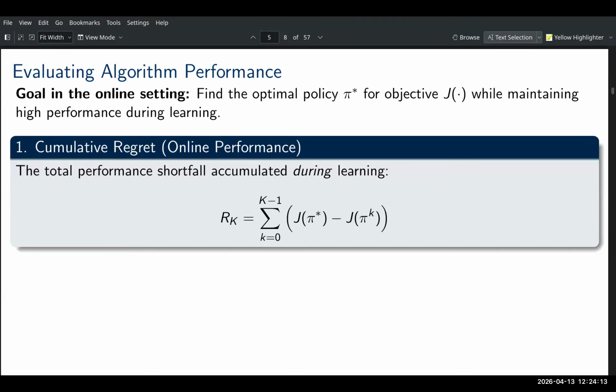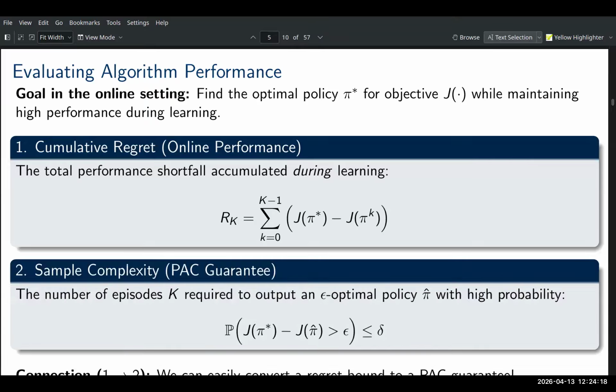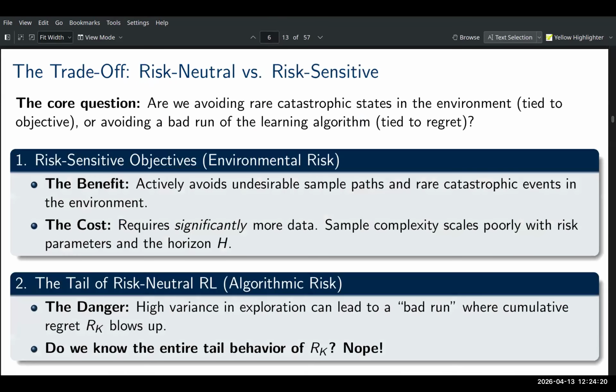What about the runs that have a small probability of giving you bad regret? So we have algorithmic risk, which is the risk that your algorithm has rare bad performances, and environmental risk, which is that when there's lots of variability in my environment, I want to avoid those.